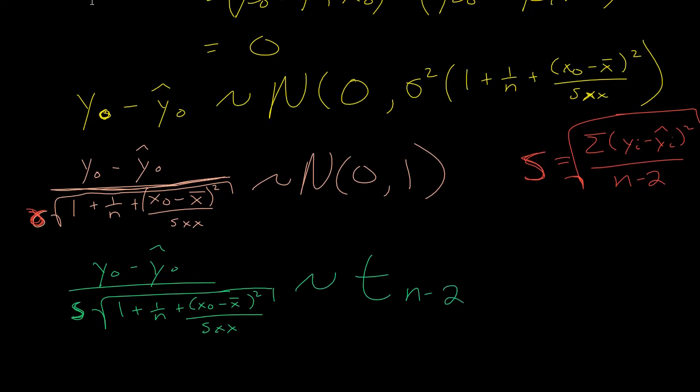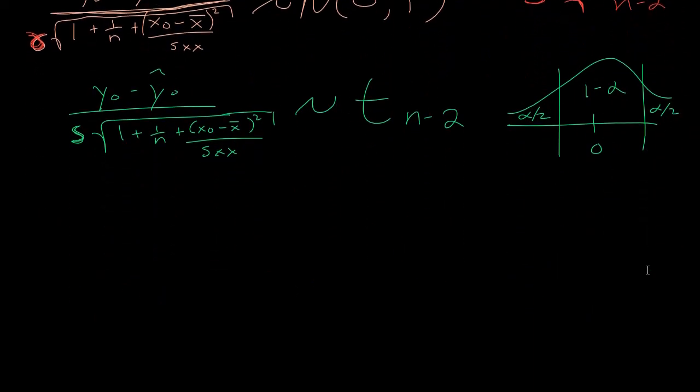All right, so now I can construct a probability statement, where it's a t distribution. 1 minus alpha is my confidence level, with alpha divided by 2 in each tail.